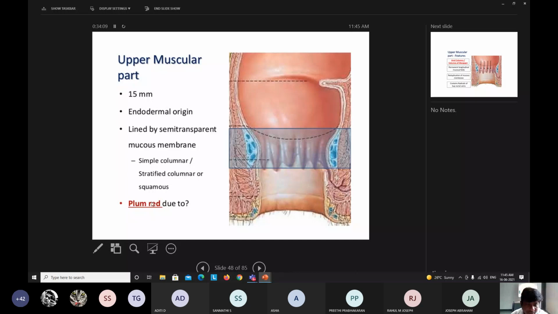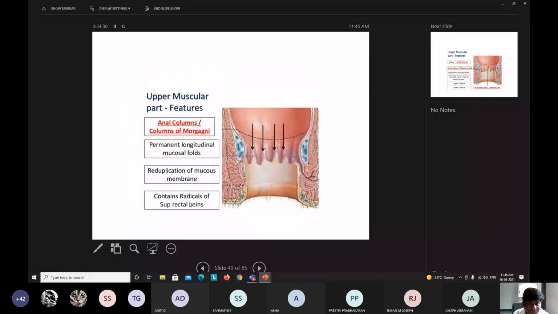It is plum red because of the internal rectal venous plexus, which is present outside the mucous membrane. Because of this, the mucous membrane looks plum red. So this is the upper muscular part.